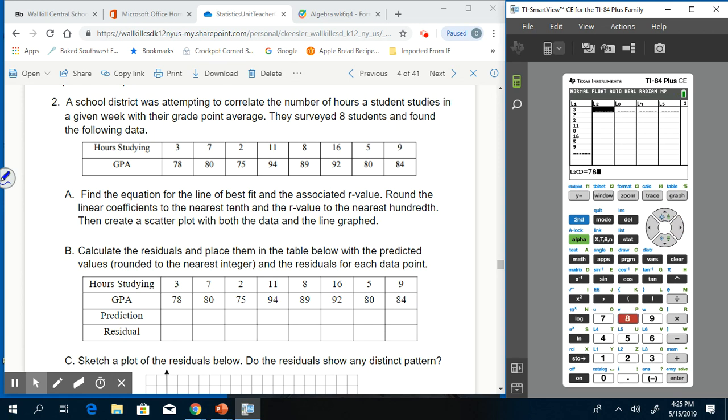We have 78, 80, 75, 94, 89, 92, 80, and 84.